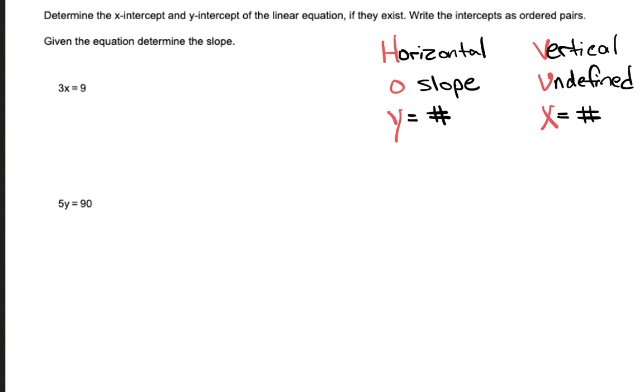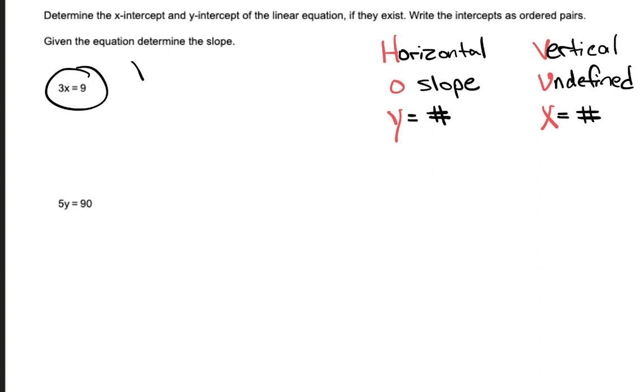So, let's look at these two examples. The first one, 3x equals 9. Okay, the question said, determine the x and y intercepts of the linear equation. If they exist, write the intercepts as ordered pairs. And then second, determine the slope. Okay, let's first find the x-intercept. Like I was saying, there's only an x in there, right? There's no y. So there's only an x-intercept, which means the y-intercept would be absent. Doesn't exist. Okay?